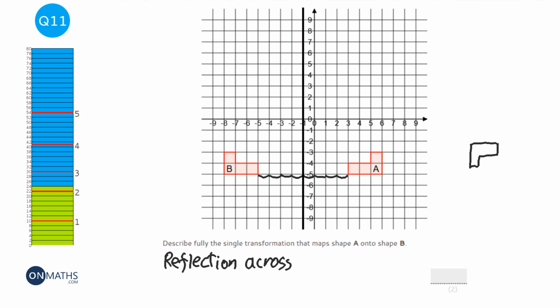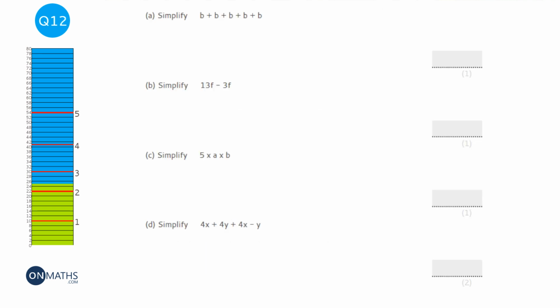Well, on that line, x is always -1. If you pick any coordinate along that line, x is going to be -1. Y will change, but x will stay as -1. So we call that line x equals -1. If you want to pause the video now and have a go, otherwise let's get started.